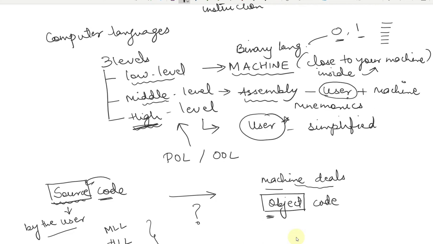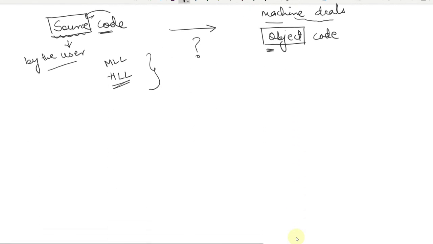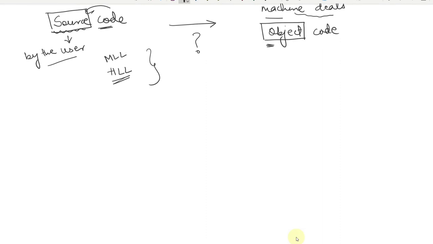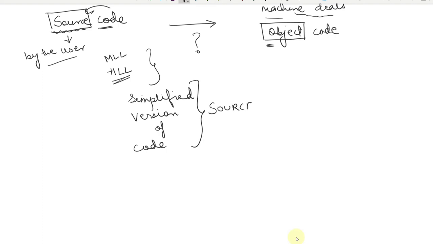So the user very easily can write code using a middle level or a high level language. But that simplified version of the code, which is called the source code, is not so simple for the machine. It is not understood by the machine.